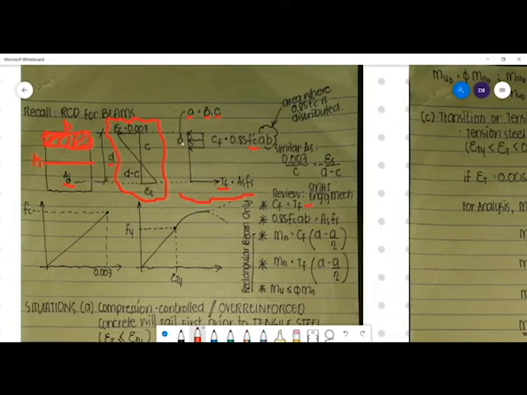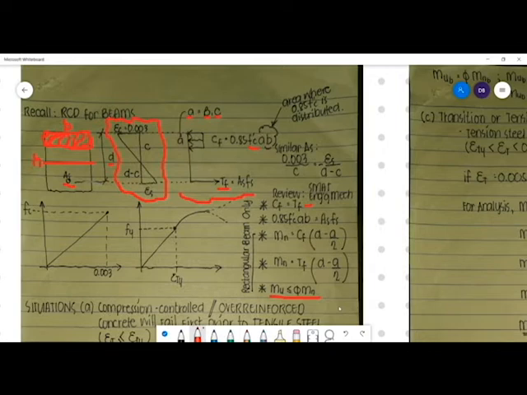Kasi nga, assume natin uniformly distributed yan. Same way with tension steel, T sub F multiplied by D minus A over 2 is the nominal moment. And we've learned na yung M sub u natin should be less than or equal to phi M sub n.